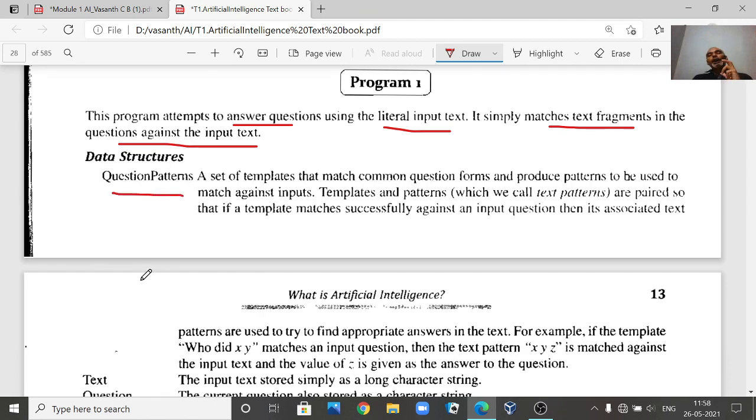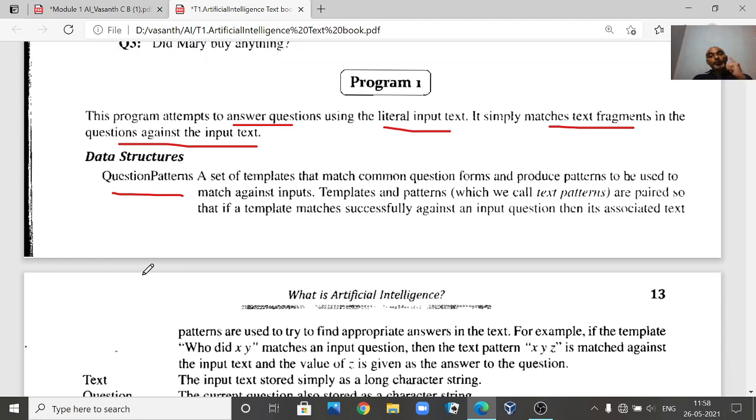We are going to have the question pattern because we said we first read the question, not the paragraph, right? So we are going to read the question first, and we will have something called a question pattern. Now what is that? We will try to design and write a set of question templates.